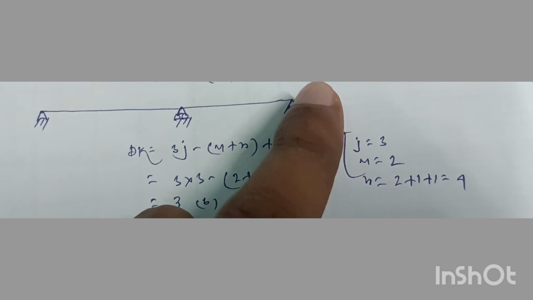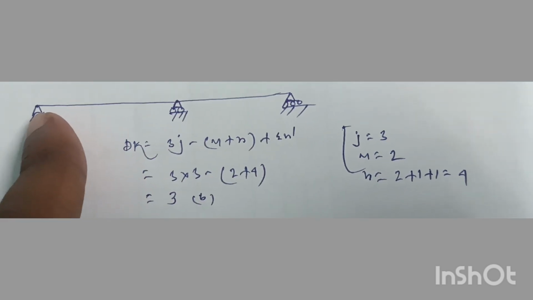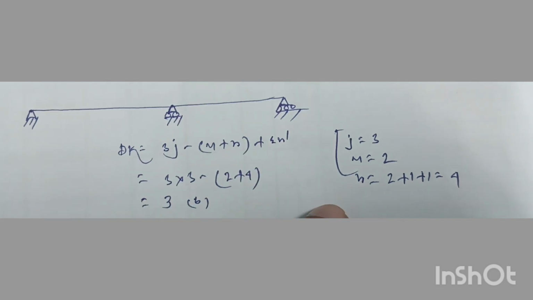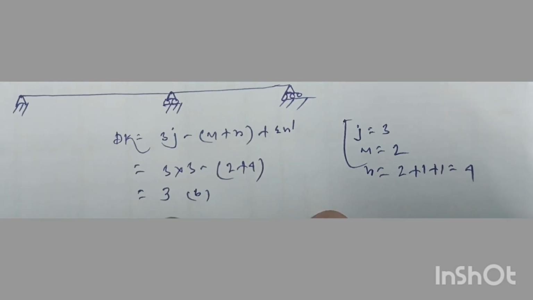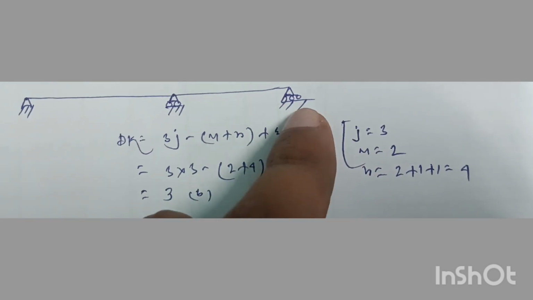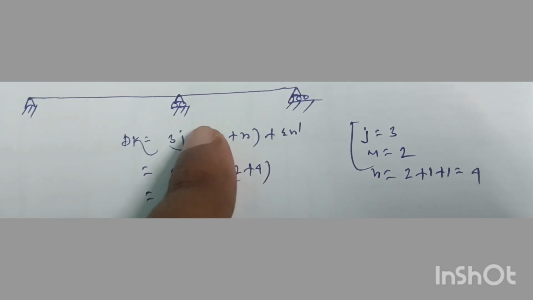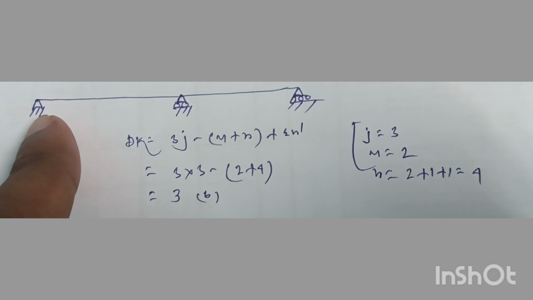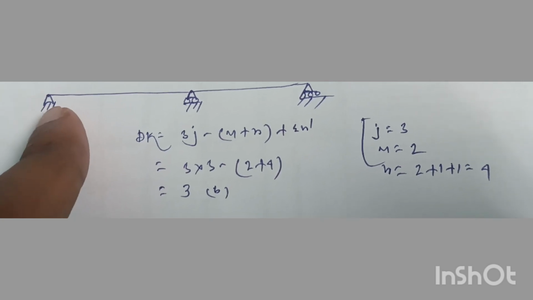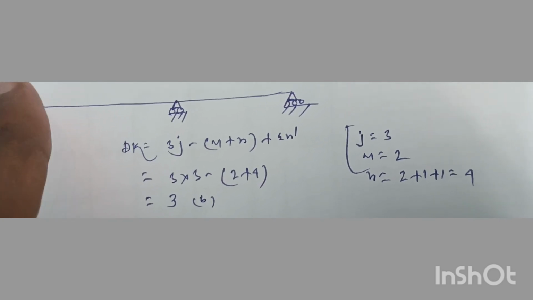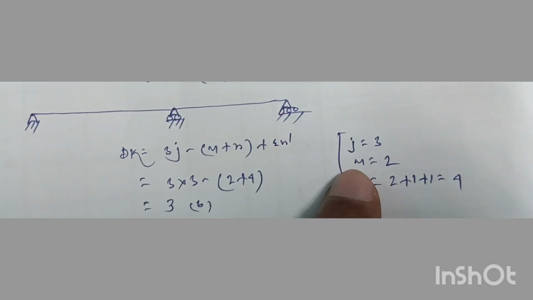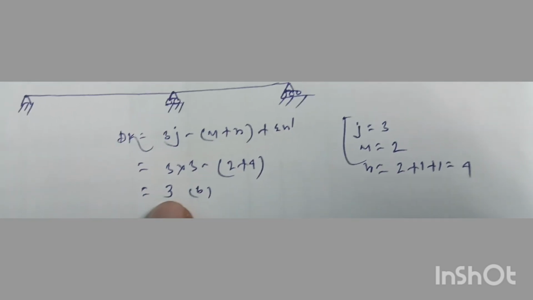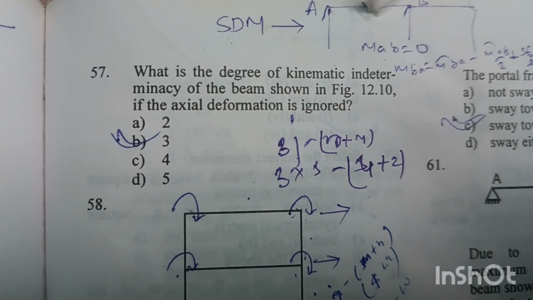So j will be equal to 3, m will be equal to 2, and the reaction components will be 4: one vertical from this end, one vertical from this end, and one horizontal and one vertical from this end. So r will be equal to 4, and if we put all the values into this equation, we will get dk equal to 3. Option B is the right answer.